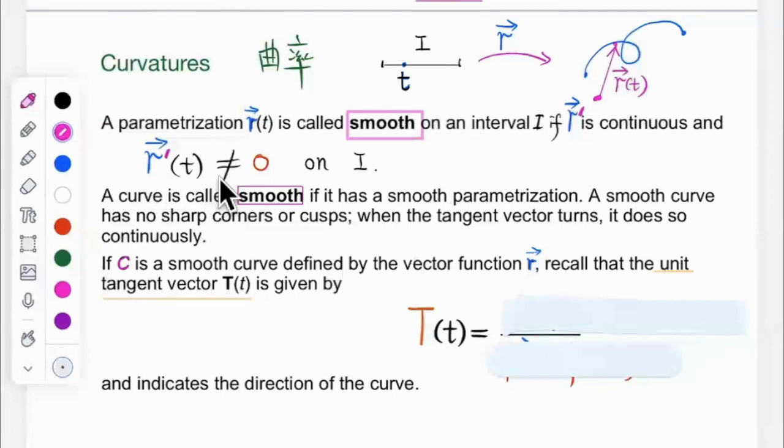And R prime of t does not equal 0 on this I. That means on this curve, which is the image of this I under this vector function, the rate of change of R is never going to be 0. That means the position will keep on changing. It's not going to just stay there.